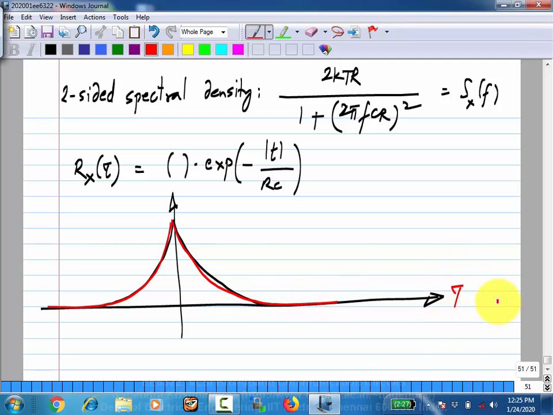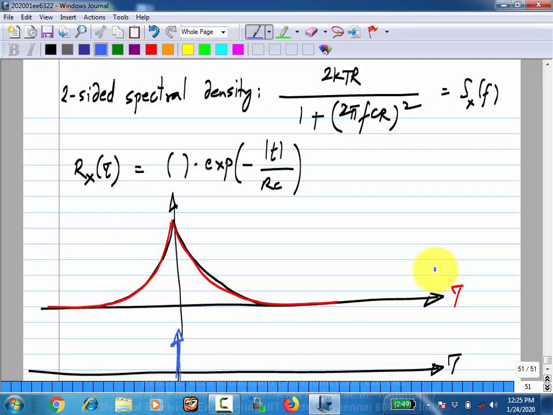Does this make sense? The autocorrelation of white noise is just this. Okay. When it goes through a low pass filter, it becomes that. Does the result make sense? The low pass filter kind of averages and spreads it out.